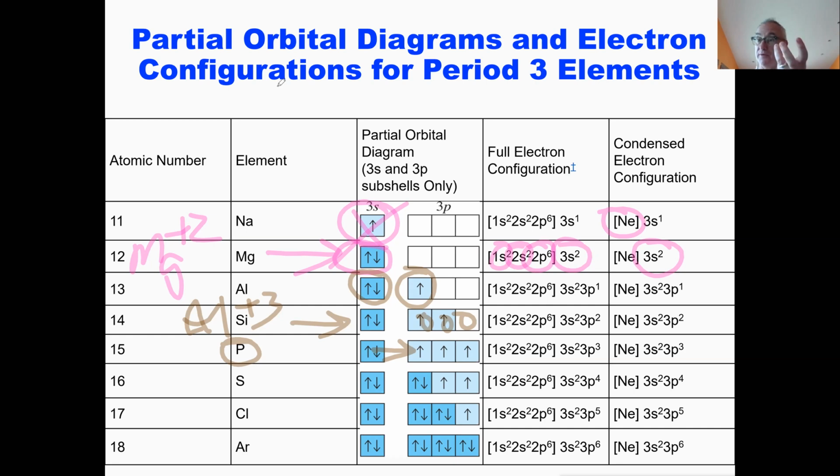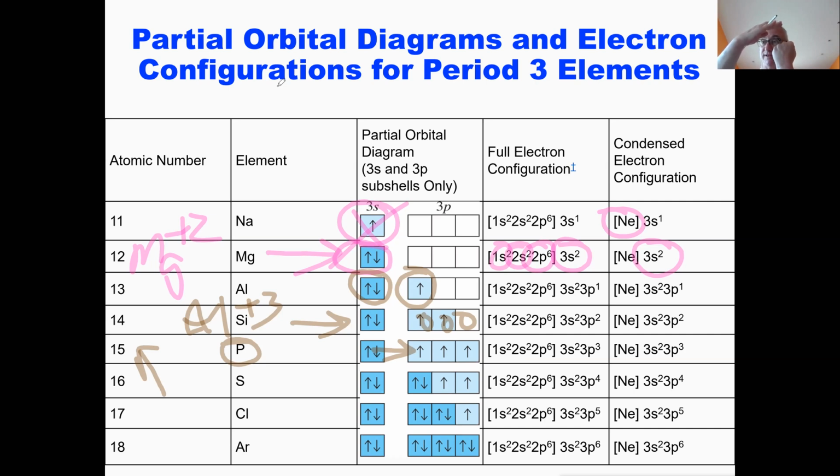And we'll learn the reason for that when we talk about how the number of protons in the nucleus and the number of electrons you have basically determines how easy it is for you to give electrons away.